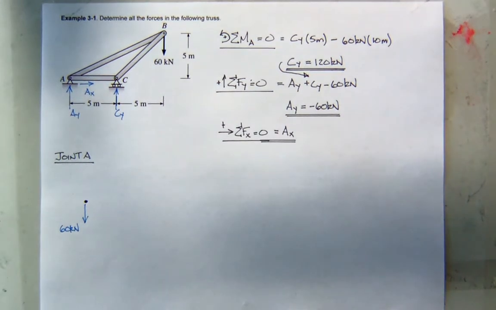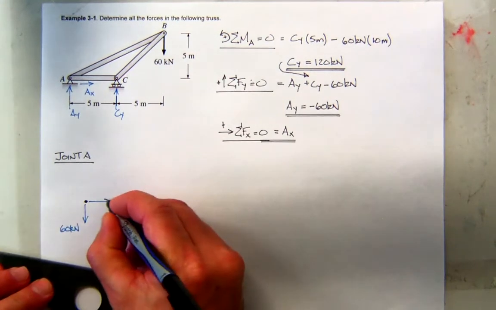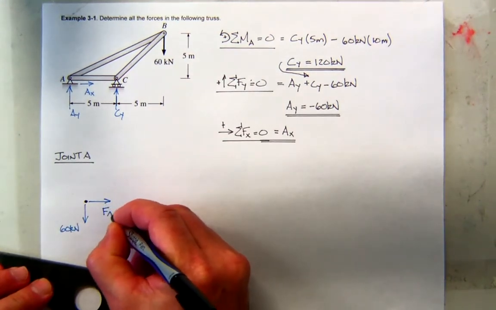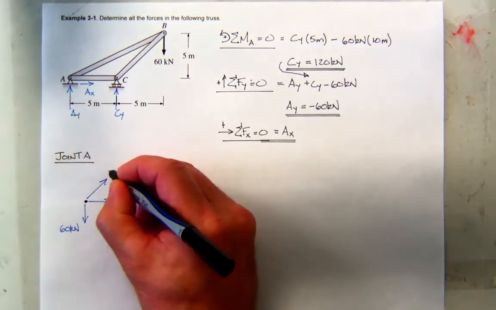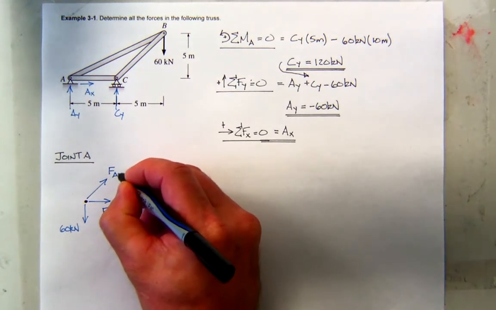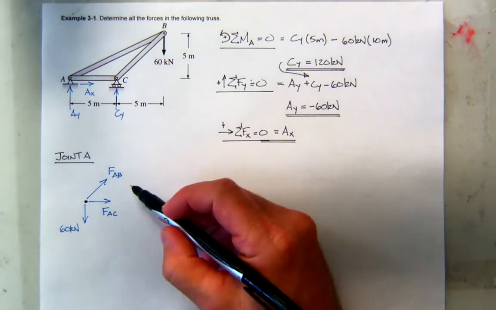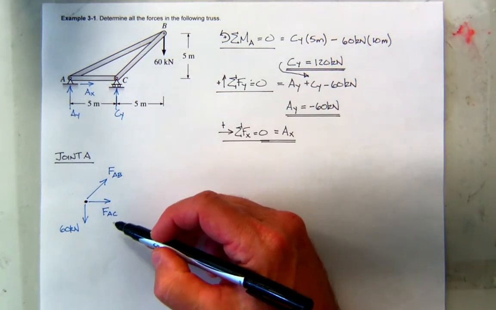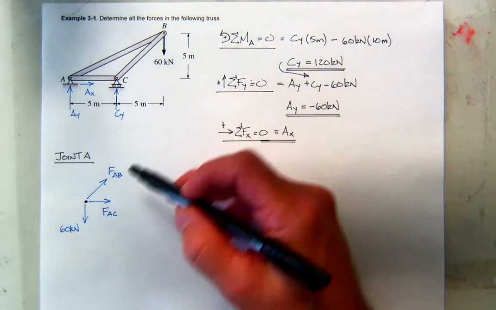Okay, that's done. Now I'm going to assume tension in AC, and I'm going to assume tension in AB. Now I have had people ask me about this, the nomenclature, how I number these things. They say, you're going from A to B, so that's why you're calling it AB.